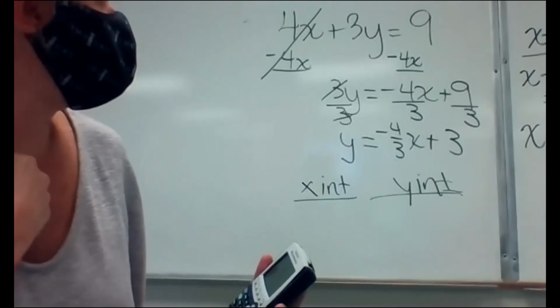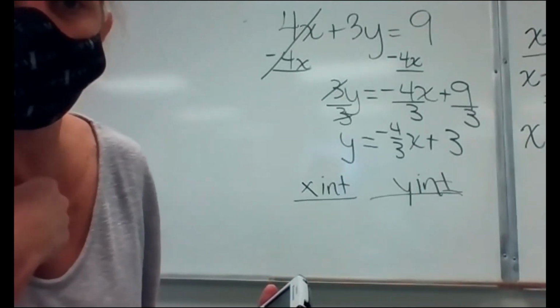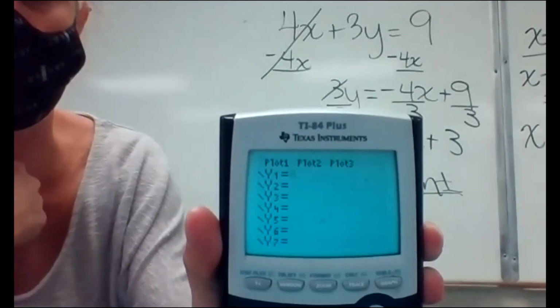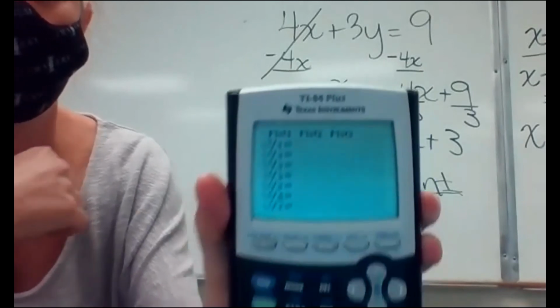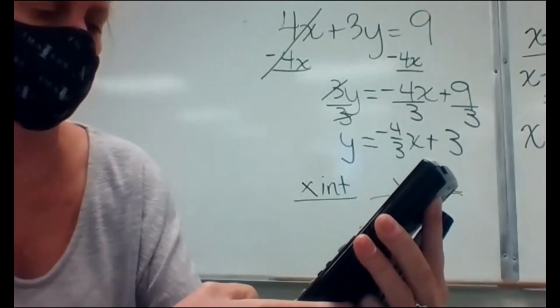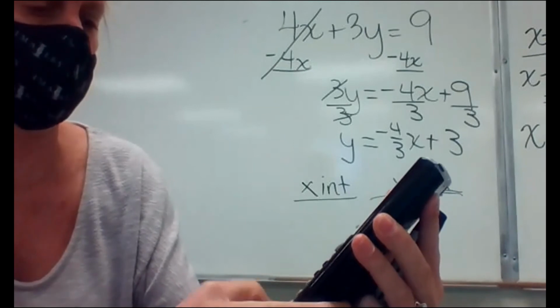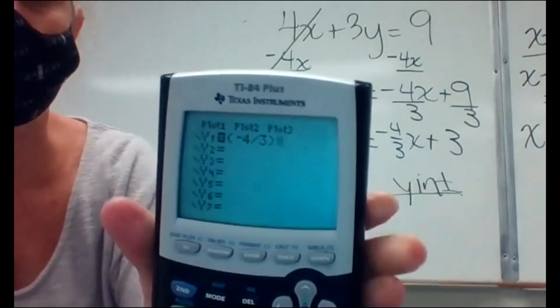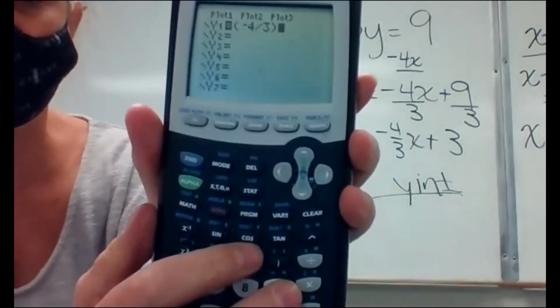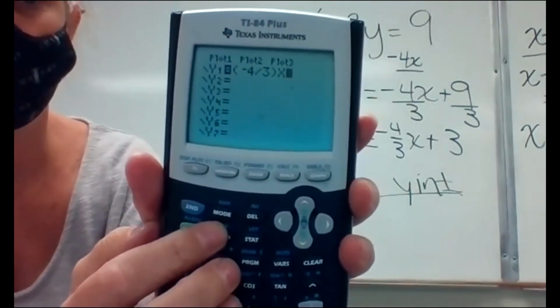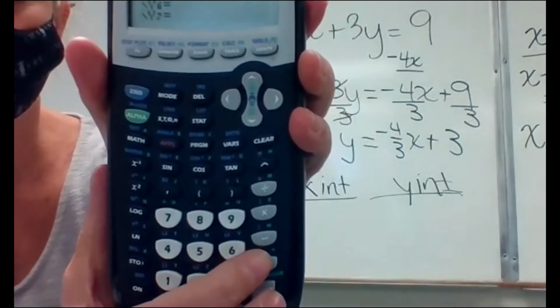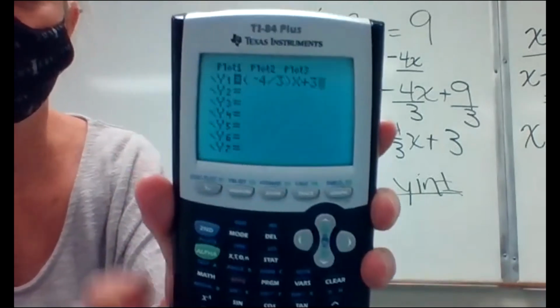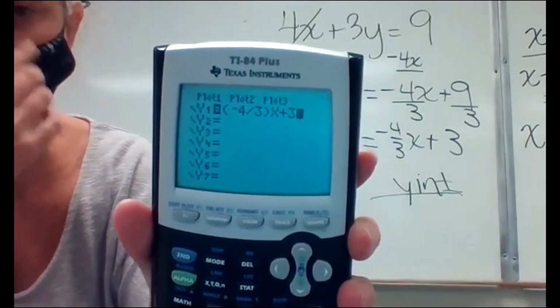I have negative 4/3 x plus 3 that needs to go in my y equals. So open parentheses, negative 4 divided by 3, close. Because you know how I like to put my fractions in parentheses. X plus 3. So negative 4/3 x plus 3.